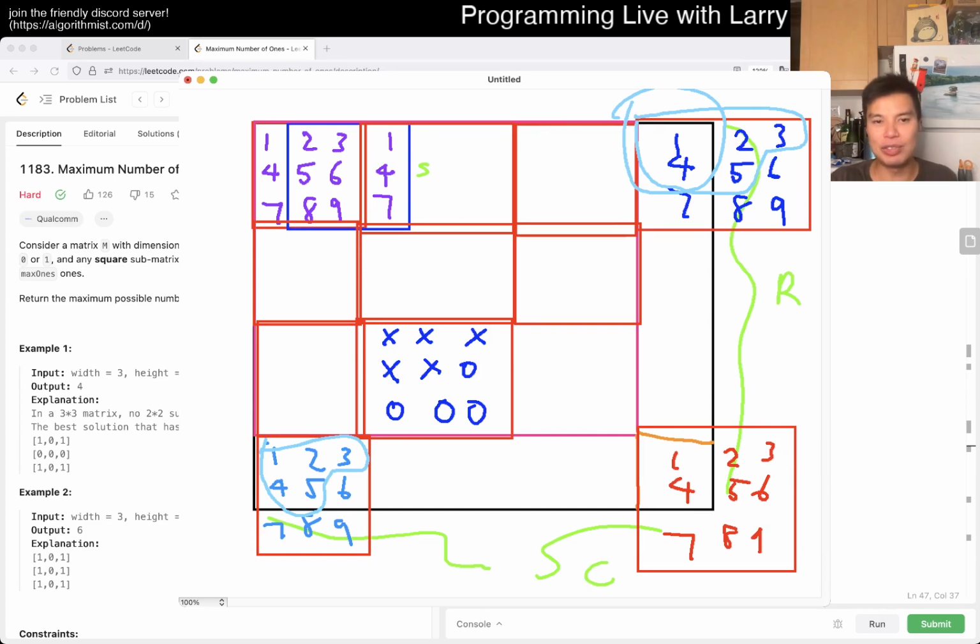Instead, now we greedily choose what we want. We start out with these 1 and 4 because 1 and 4 appear the most, right? And then now, what appears the most next? Is it 2 or 3 or 5 or 6 or is it 7 or 8 or 9, right?